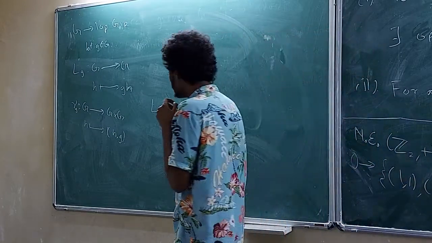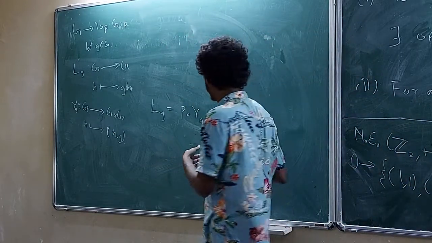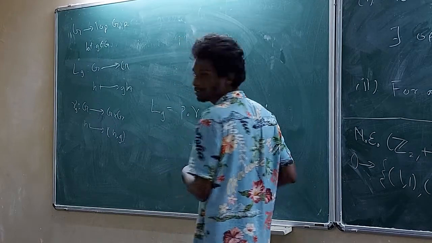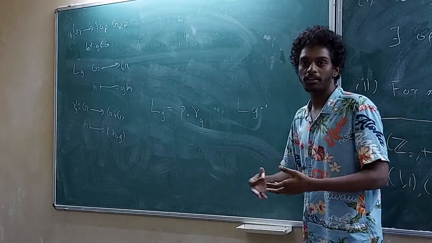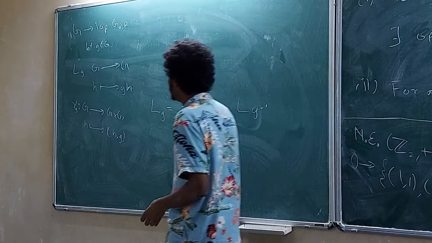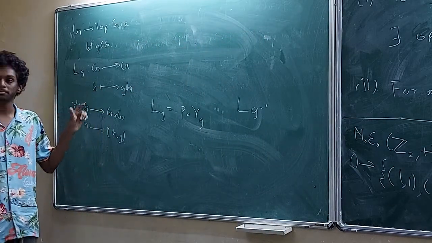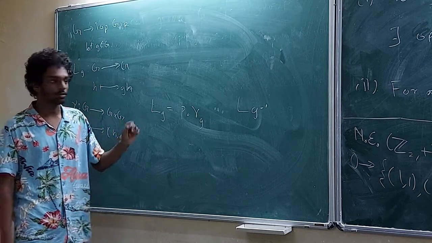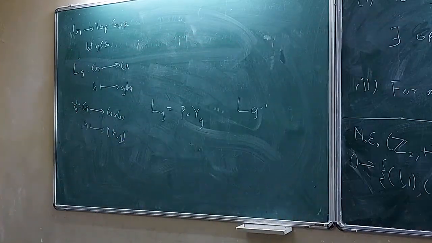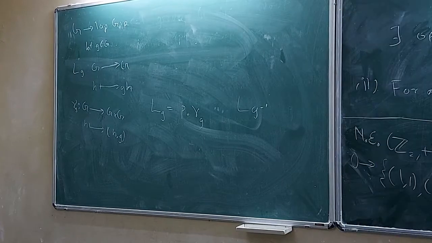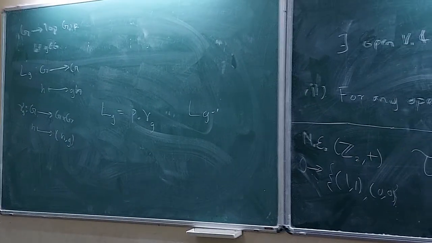It is a continuous map, and what is the inverse of L_g? That's L_g inverse, obviously. And so we defined L_g to be continuous for any element g. So this is a very powerful map. It is an isomorphism, it is also a homomorphism. So that allows us to come to some very nice conclusions.